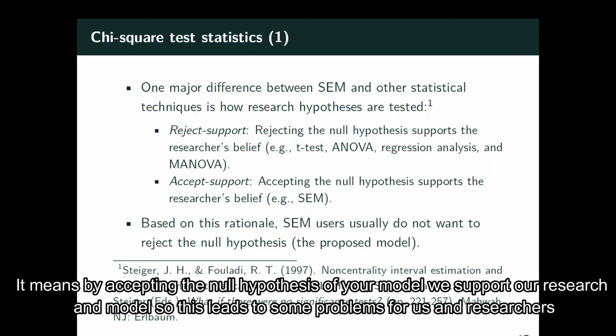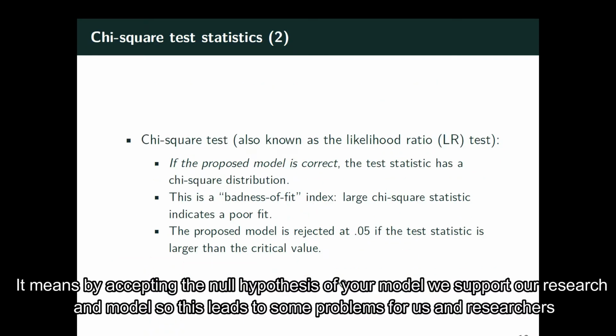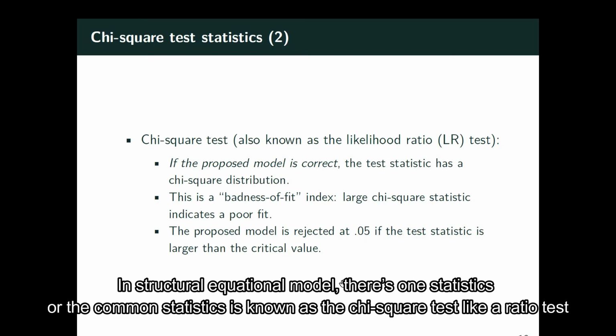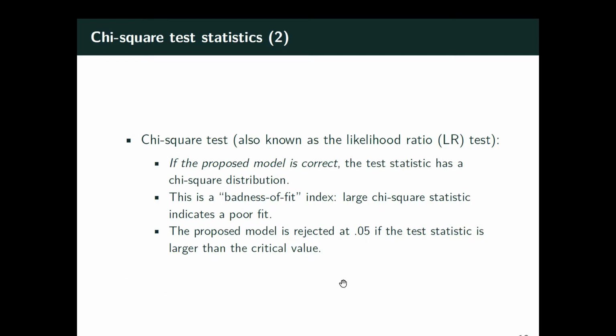So this leads to some problems for researchers. In structural equation models, the common statistic is known as the chi-square test, the likelihood ratio test.